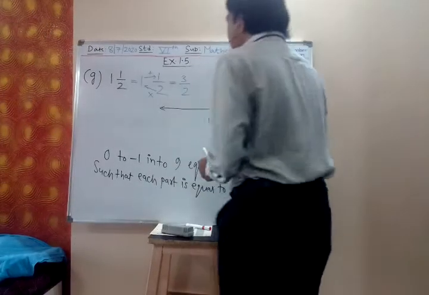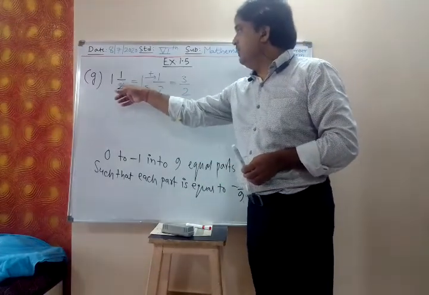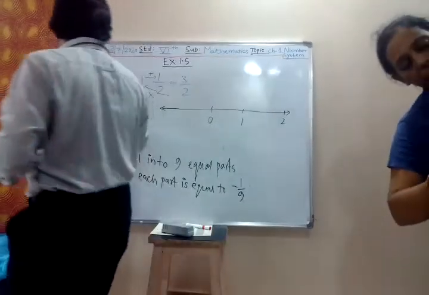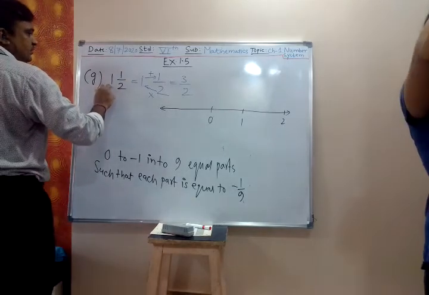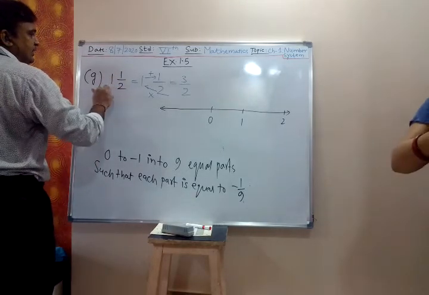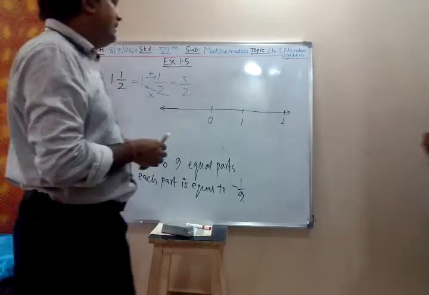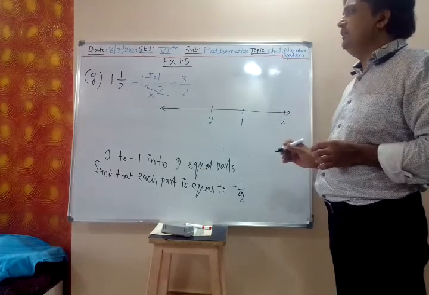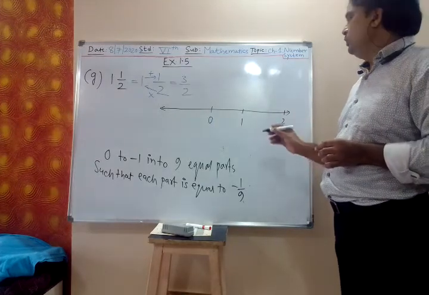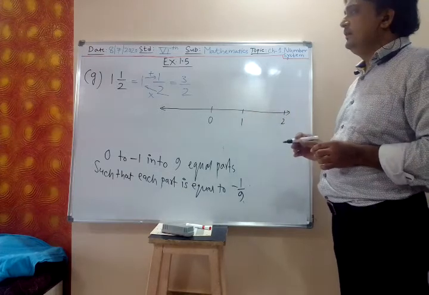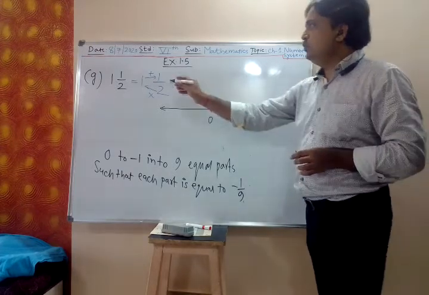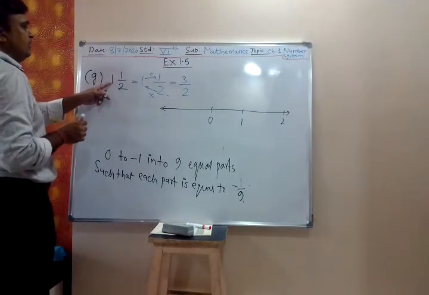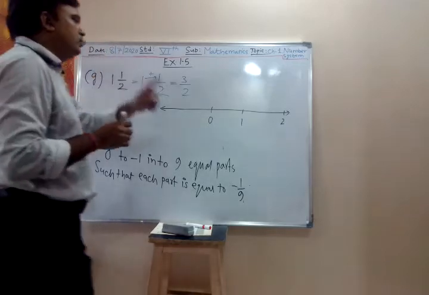Now I have to divide the number line between 1 and 2 because it is more than 1. 1 and 1 by 2 means 1 plus 1 by 2, so it is more than 1. So I will divide the number line between 1 and 2.